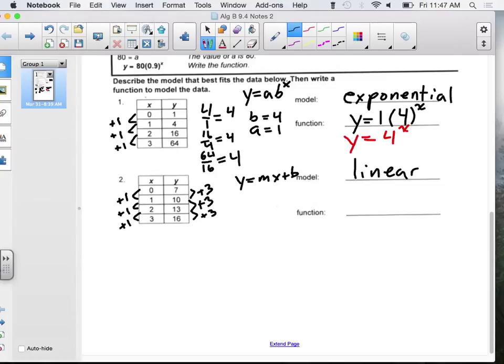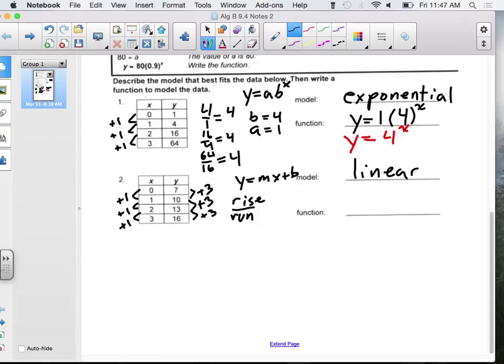Well, m is our slope, right? And slope is a ratio. What does our slope represent? Rise over run, right? So, rise over run, our change in y over our change in x.